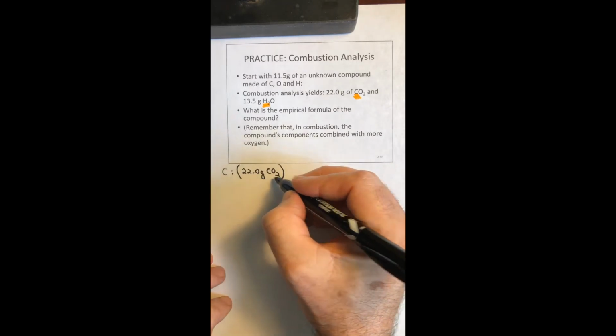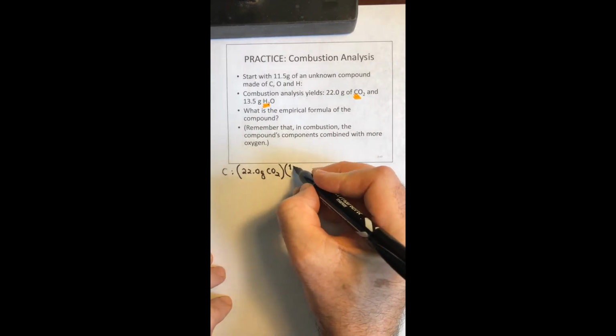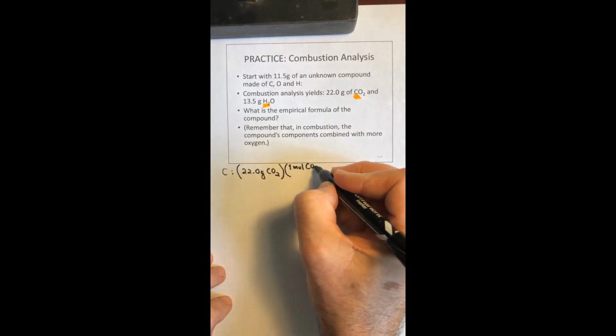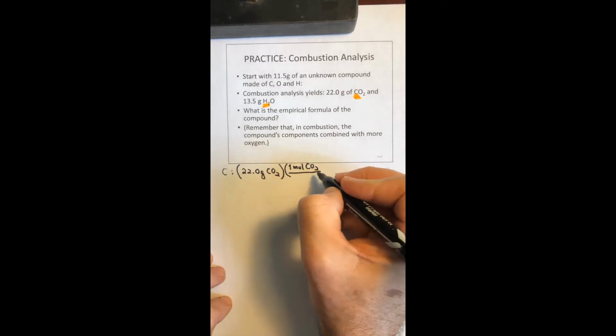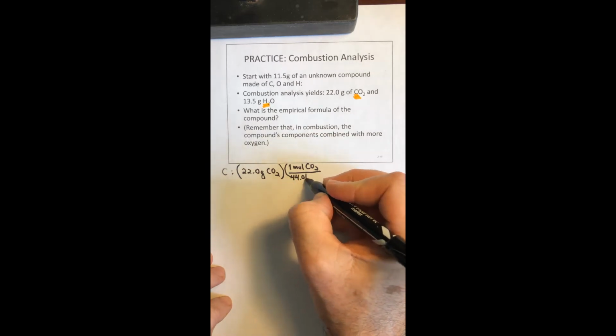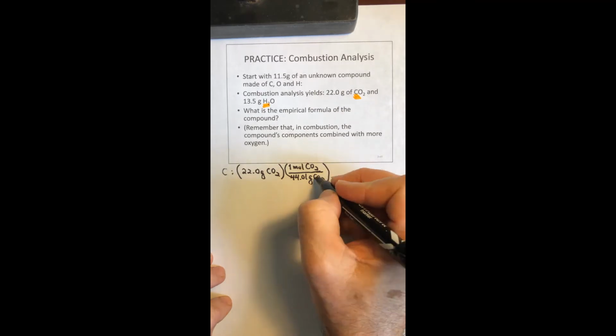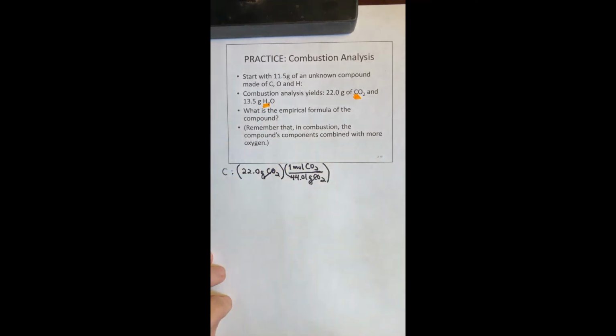And we had to first of all convert this all to moles. So I went ahead and did a previous calculation here and found that 1 mole of CO2 is 44.01 grams of CO2. So I already did that, and that cancels out the grams of CO2. So now I have how many moles of carbon dioxide are in here.